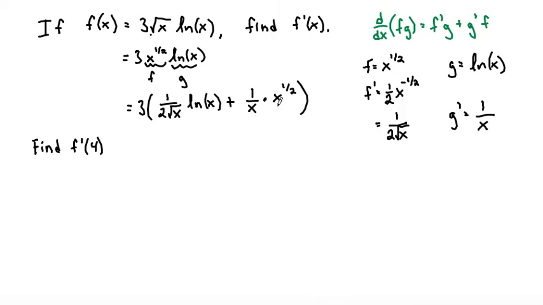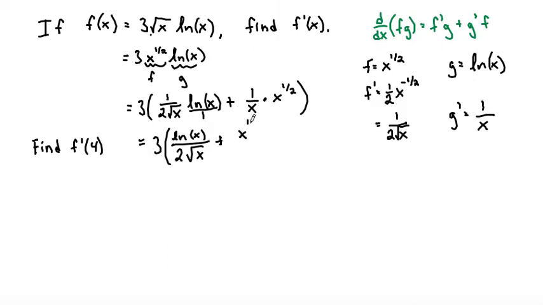Okay, so now to simplify this just a bit, I can put my ln x on top, make this 3 times ln x over 2 root x, because I'm multiplying my fractions here, where ln x is ln x over 1. And then if I multiply my x to the 1/2 on the top, oops, that's supposed to be a plus.